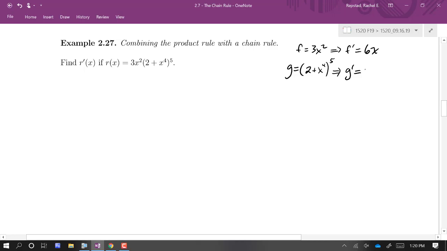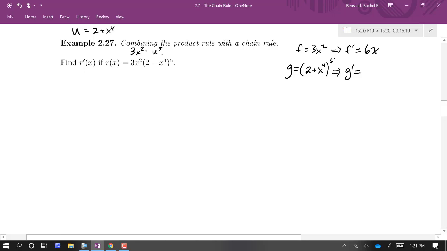What would stop me from using the chain rule before the power, or sorry, the product rule? How do you mean? Can I remove u and then start futzing around with the product rule using u as a template instead? So you're saying if you let u equal 2 plus x to the 4th, and then write this as 3x squared times u to the 5th?